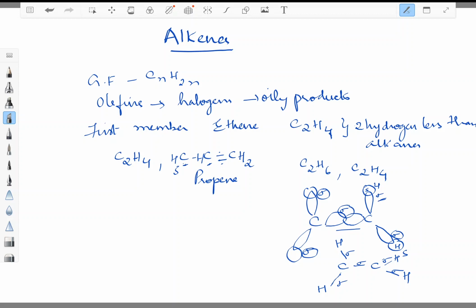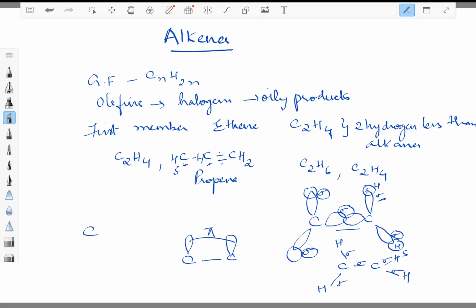But we need to remember that ethene contains a double bond, that is, it also includes one pi bond. That pi bond is actually formed due to which orbital? Unhybridized pz orbitals, due to the overlap that leads to the formation of the pi bond.